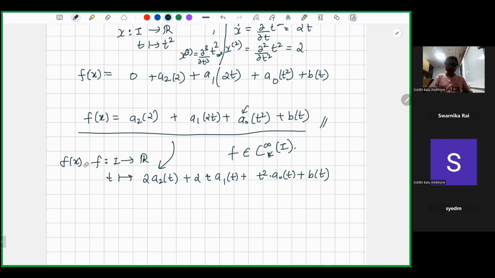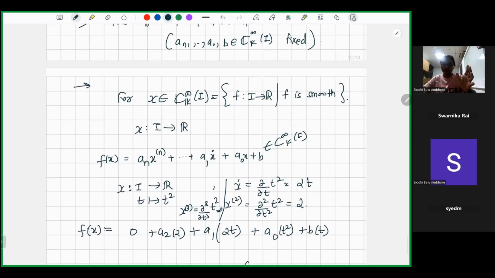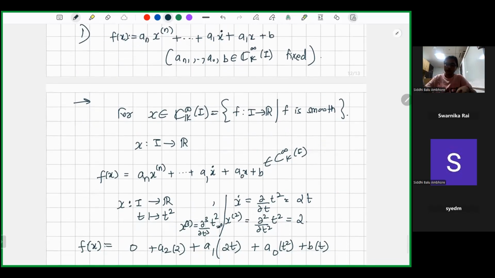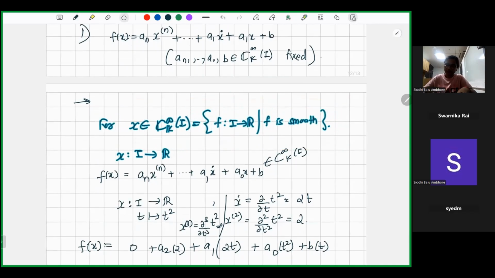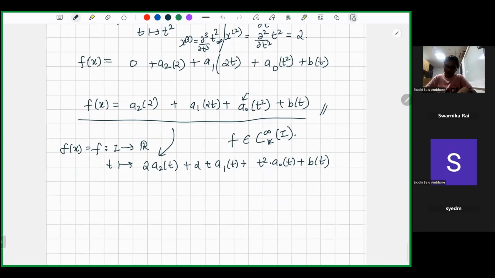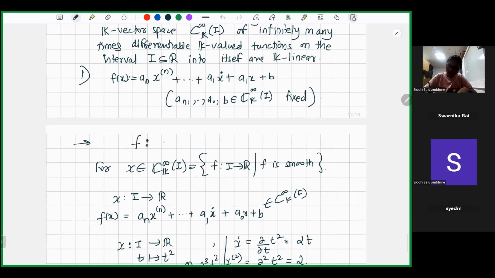Is this okay? Everything is functions here. The domain is also of functions and the codomain is also of functions. So f is from C infinity I to C infinity I, not complex C. I'm choosing a smooth function and I'm claiming that it also lands in smooth function.